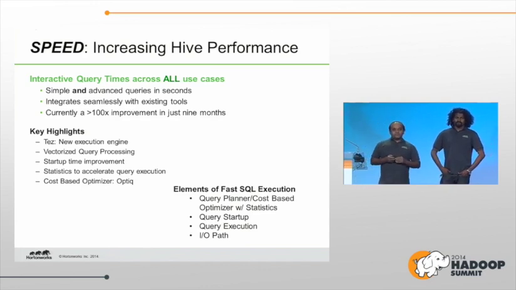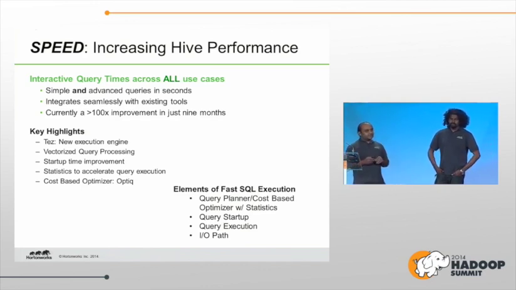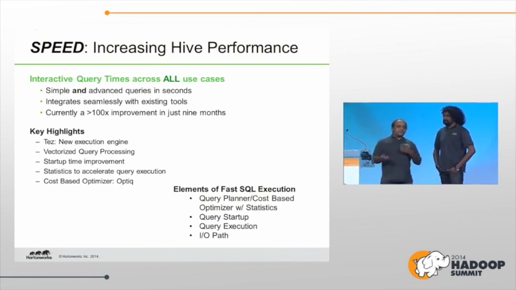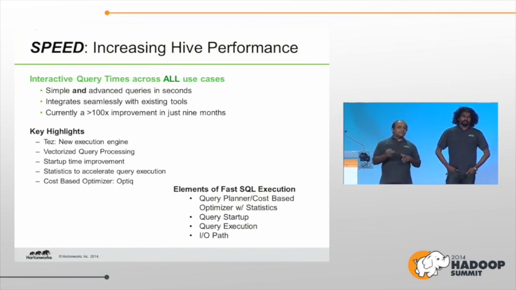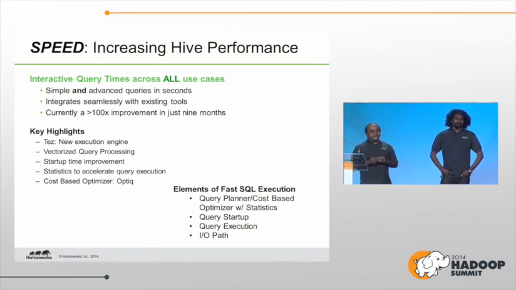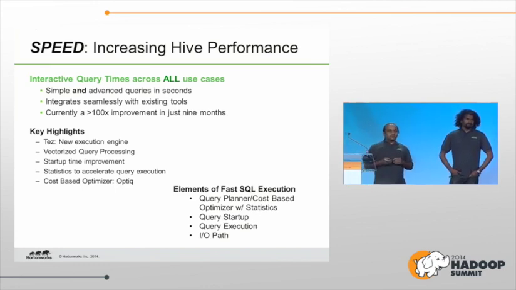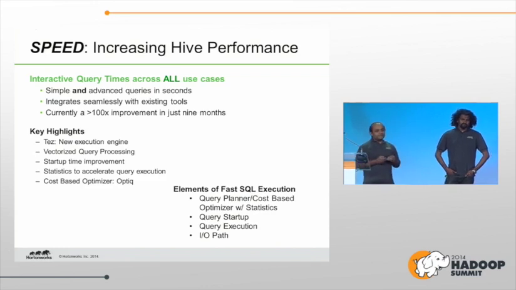We introduced a new execution engine called Tez, which provides much better parallelism, much better scheduling, and also helps generate better plans. Then we also invested in improving the query startup time, and also on the I/O path.